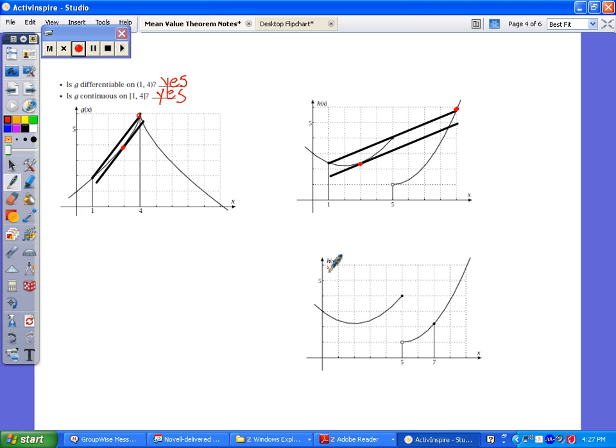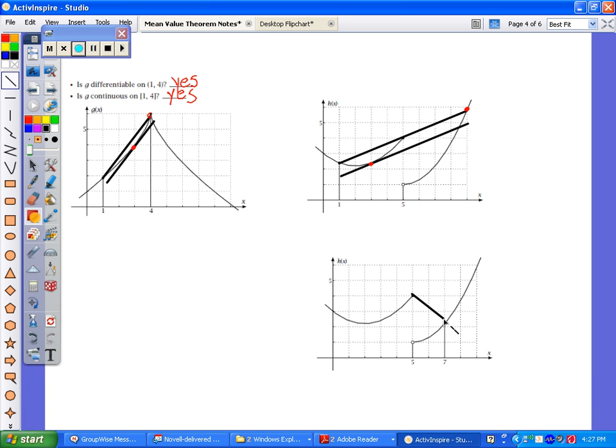So for this example, it does work even though that condition failed. But if I look at example number 2 and I look between 5 and 7, I can also draw my secant line here. And we can obviously tell that nowhere between 5 and 7, no matter where I draw my tangent line, is it ever going to be parallel to this, because this slope is negative and the slope between 5 and 7 is always positive.